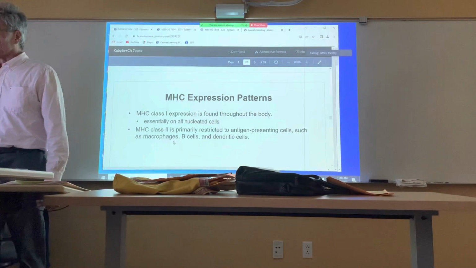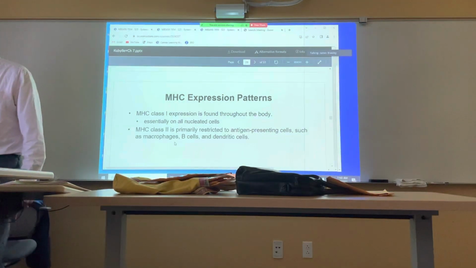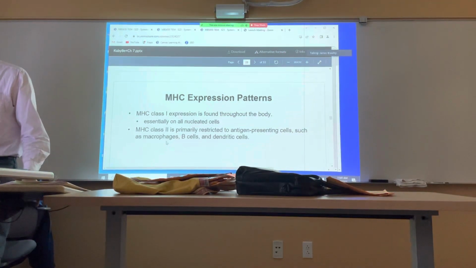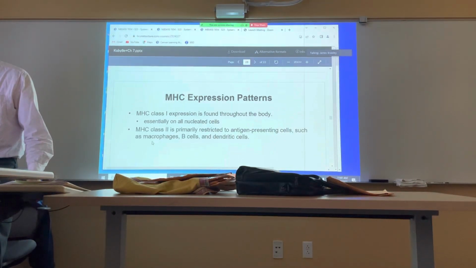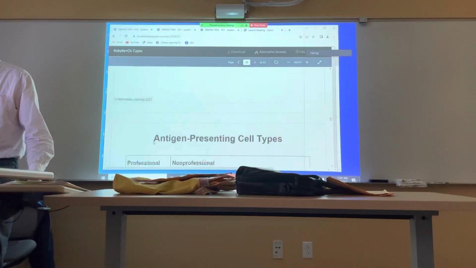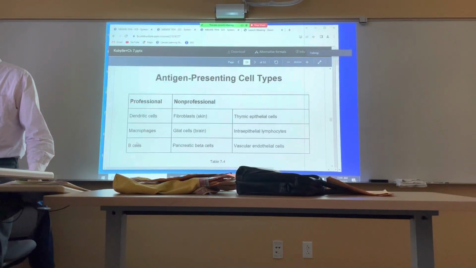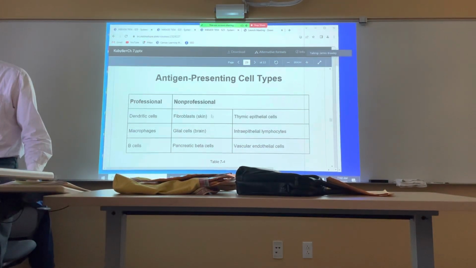MHC class 1 on essentially all cells, all nucleated cells, and class 2 on the professional antigen presenting cells: dendritic cells, macrophages, and B cells. And these guys are non-professional.